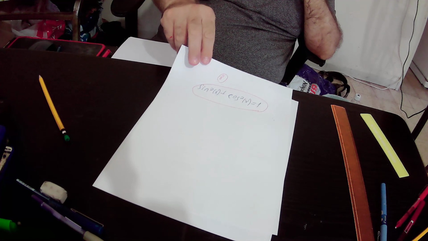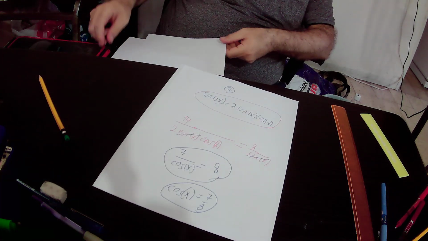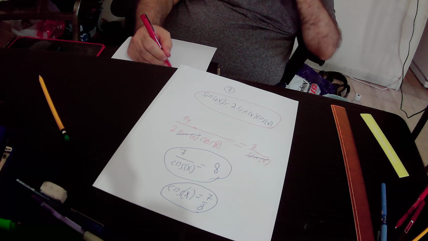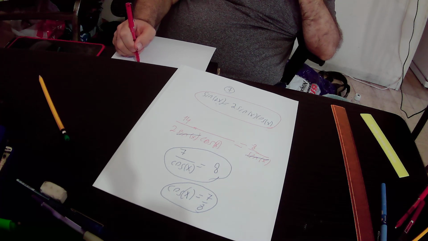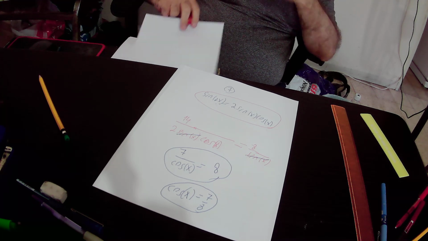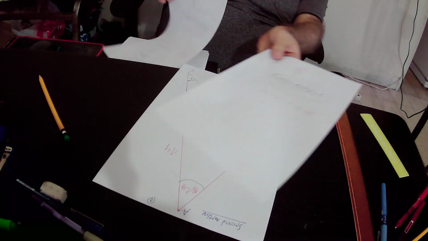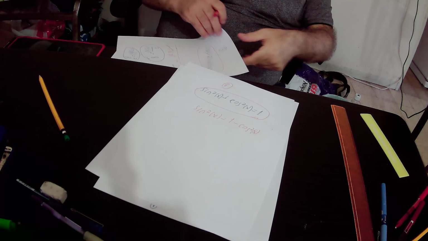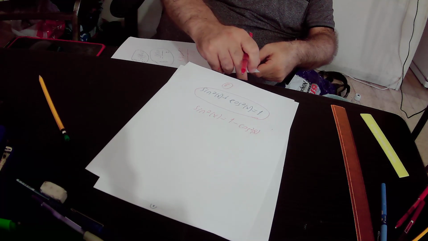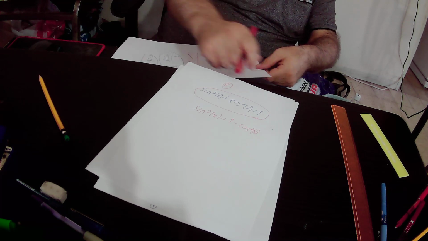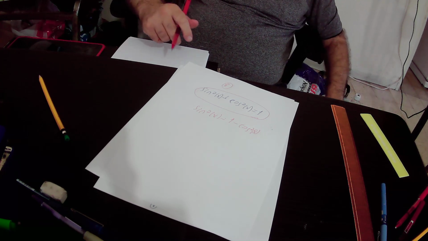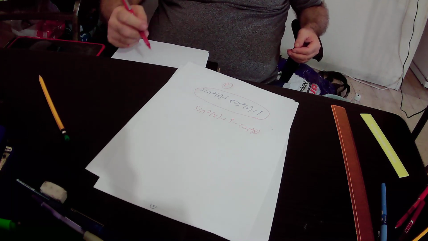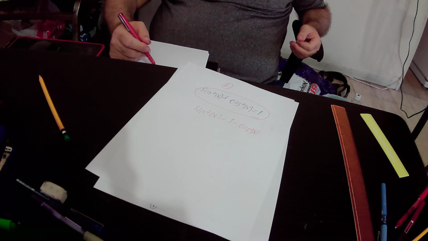We will get that sine square x equals 1 minus cosine square x.